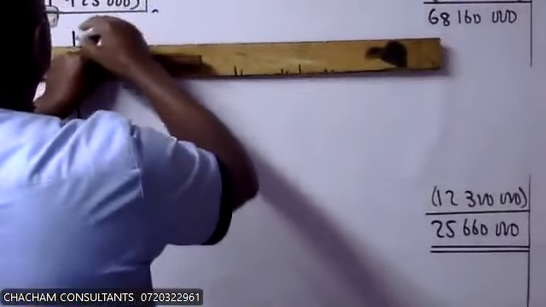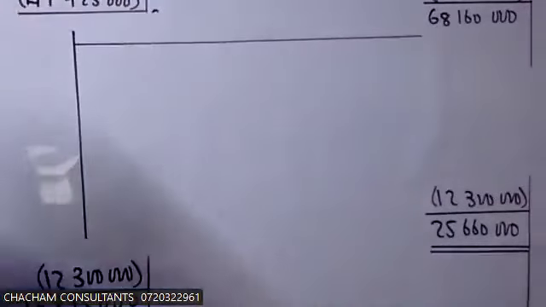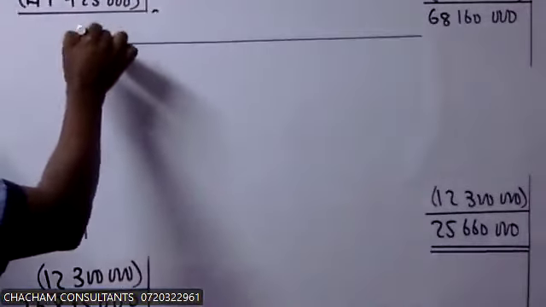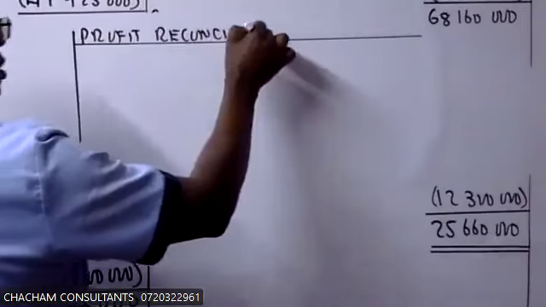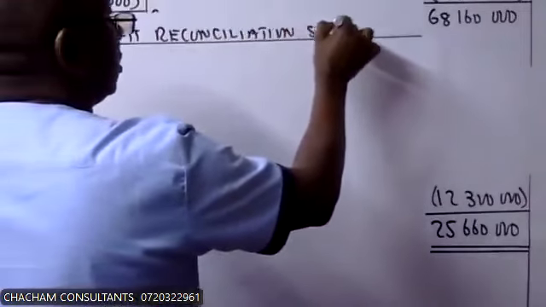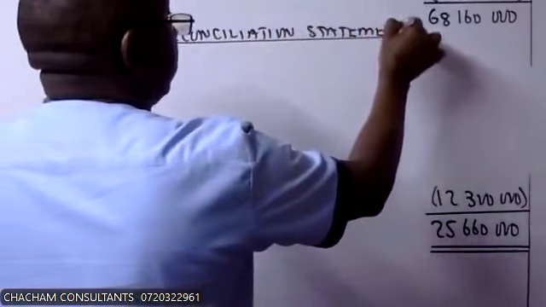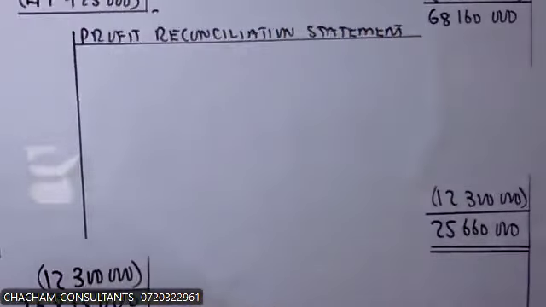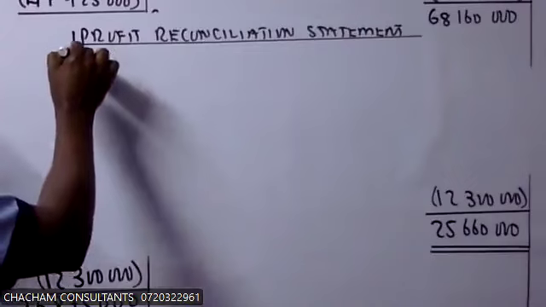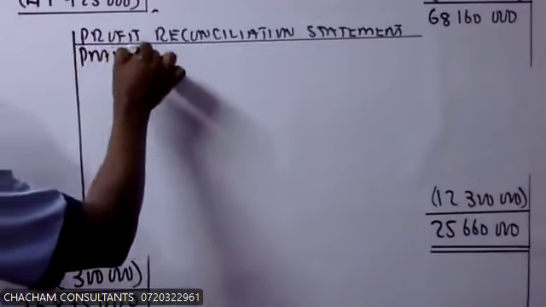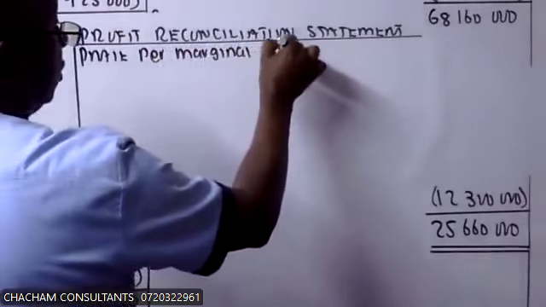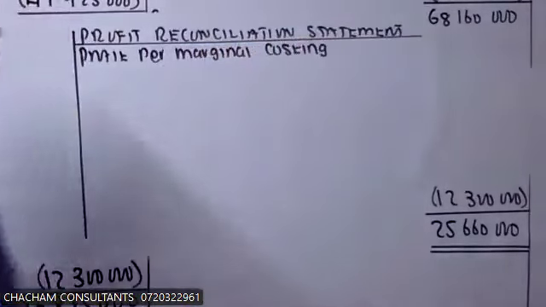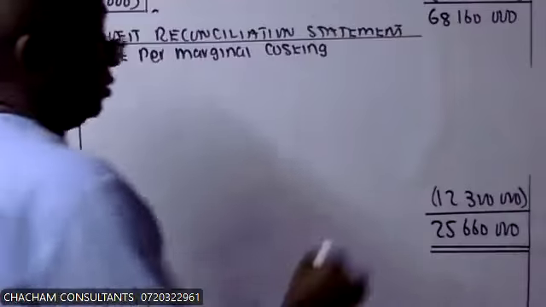Profit reconciliation statement. So the profit reconciliation statement, you start with the profit per marginal costing.